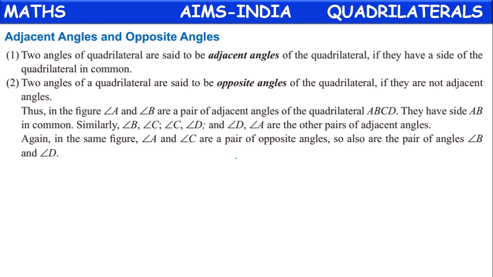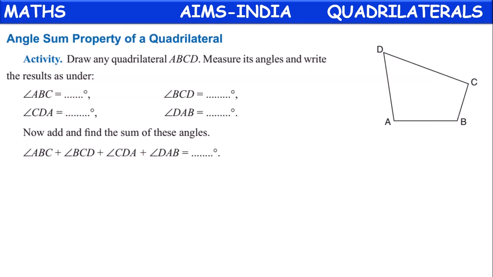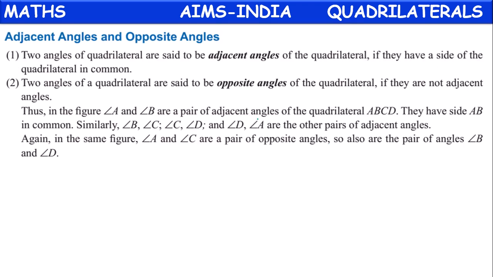So in this diagram, angle A, angle B, a pair of adjacent angles, or angle B, angle C, a pair of adjacent angles, or angle C, angle D, a pair of adjacent angles. Angle B, angle D, a pair of opposite angles, angle C, angle A, a pair of opposite angles. Like that, we can have adjacent angles and opposite angles.